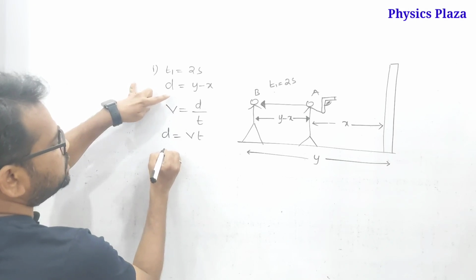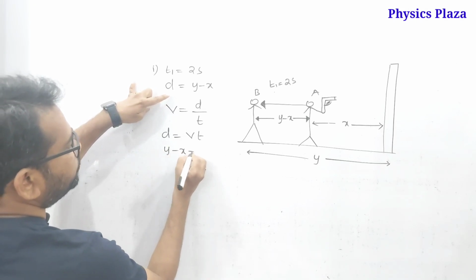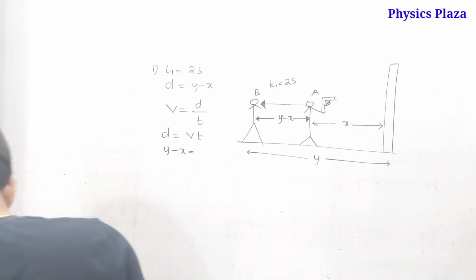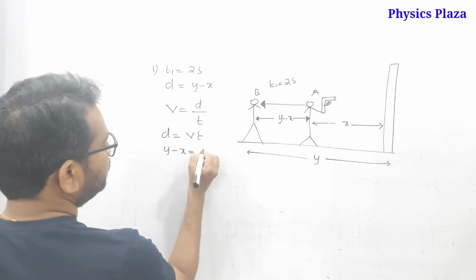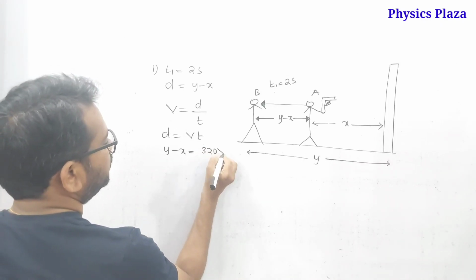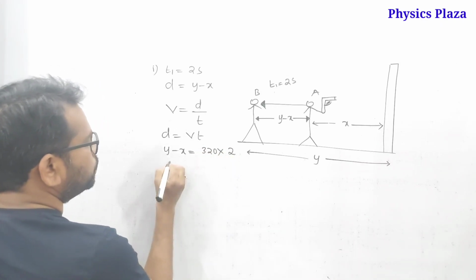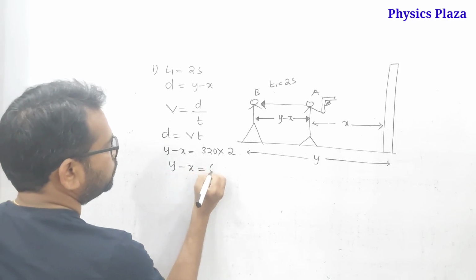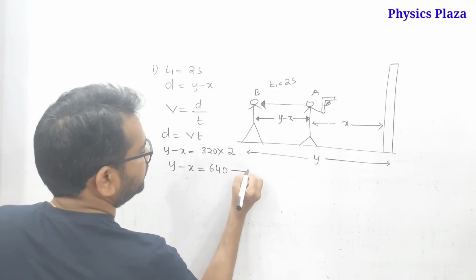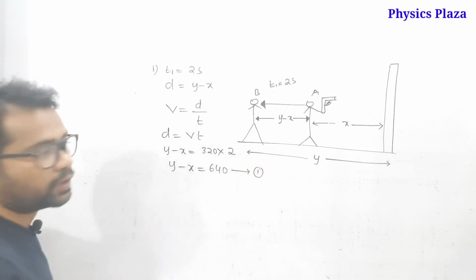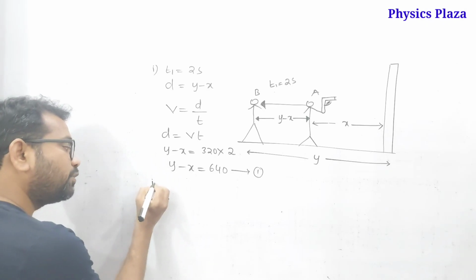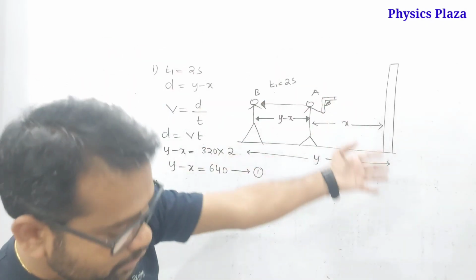Now substitute: d is y minus x. Is v given? Yes, 320 is given. 320 into time 2, so y minus x is equal to 640 meters. Equation 1.